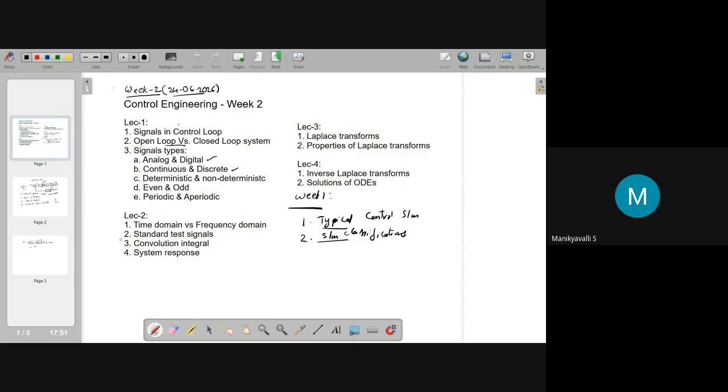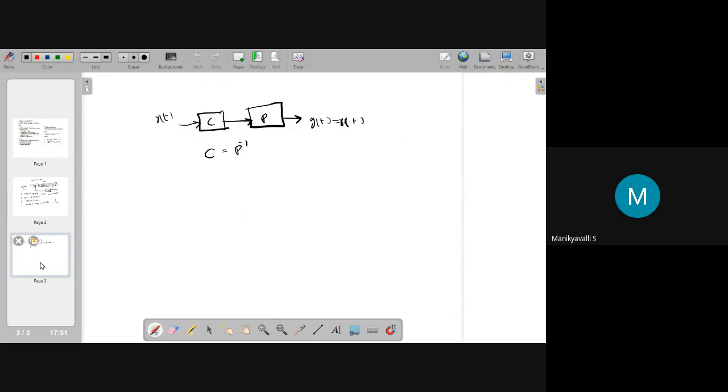You also learn about the standard test signals. Basically, there are three types of standard input signal. One is the impulse input, which is defined as delta(t) = 1 for t = 0 and 0 otherwise.